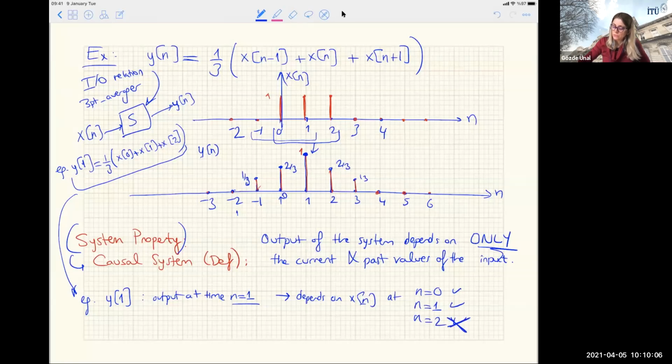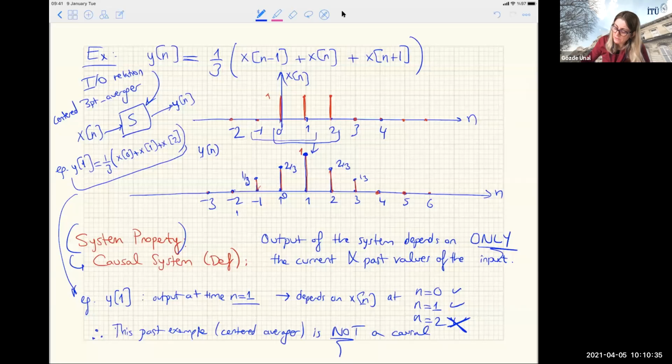No, this is not good. This is not a causal system. Therefore, this past example, this central averager, 3-point averager, let's say this is centered, is not a causal system.